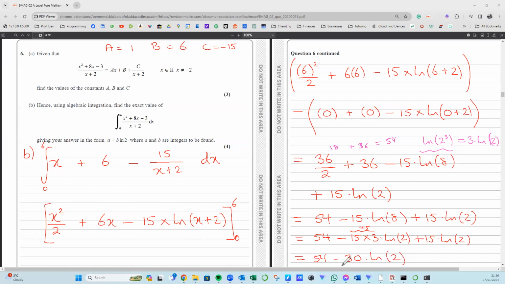What you'll notice, and this is a good habit to get into, is look back at the question and see what they've asked you to give your answer as. They say here, give your answer in the form a plus b ln 2, and we'll see that we've got a, now it's plus a negative number, but it's still in this general form, ln 2. So we know we've got that completely right.